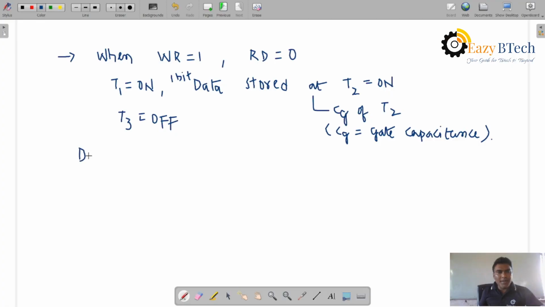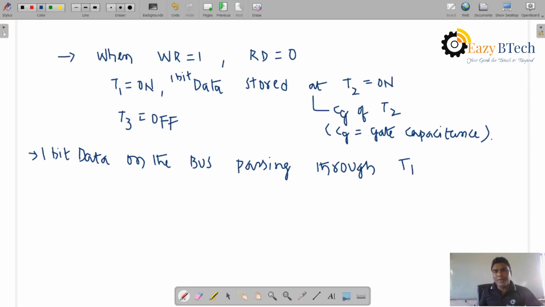So we can write this 1 bit of data on the bus, passing through T1, and then it is connected to and stored at CG of T2, right?